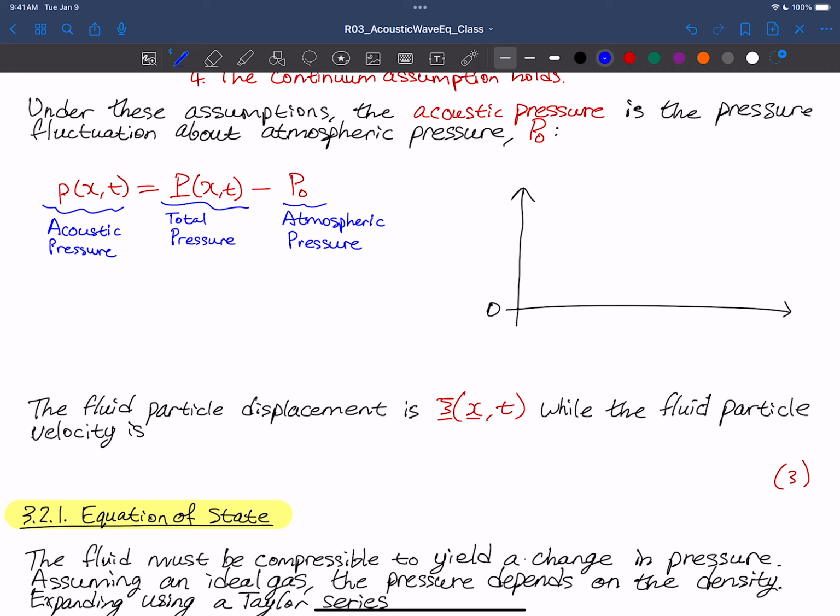Okay, so we're just going to briefly draw what this looks like. So first, let's draw our atmospheric pressure. So this is our P0. In blue here is just a constant line. And then the total pressure is going to include both the small fluctuations due to sound waves and the atmospheric pressure. So in green here is our total pressure.